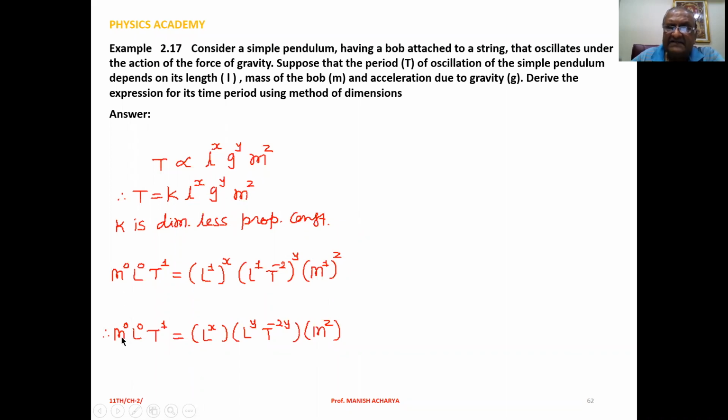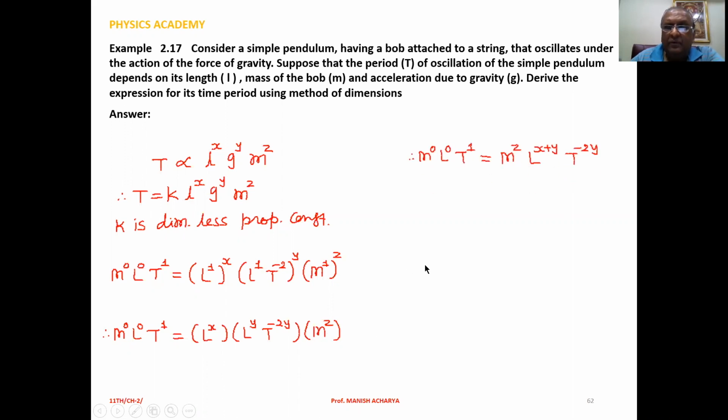Left hand side is as it is, M0, L0, T1. On the right hand side, L raised to 1 raised to x, power into power multiplication will be there, so L raised to x. L raised to 1 raised to y, so L raised to y. T raised to minus 2 raised to y, so T raised to minus 2y. M raised to 1 raised to z, so M raised to z.